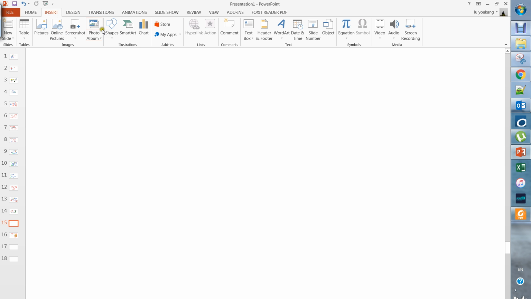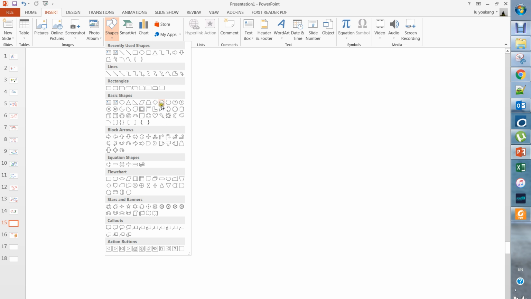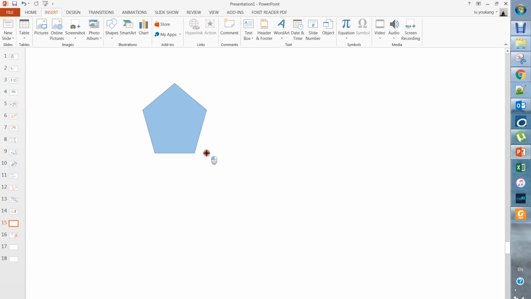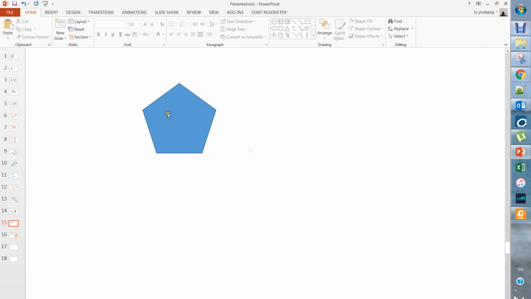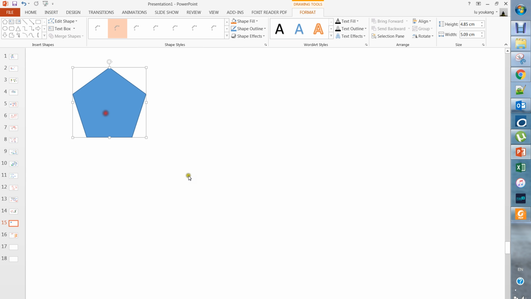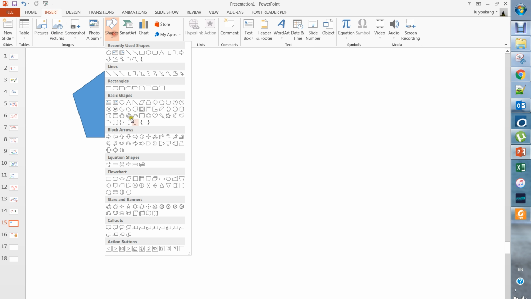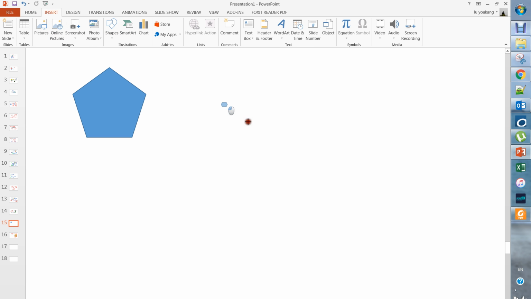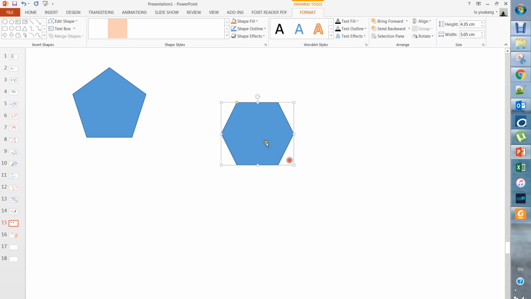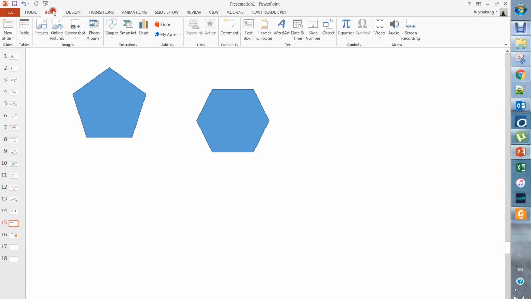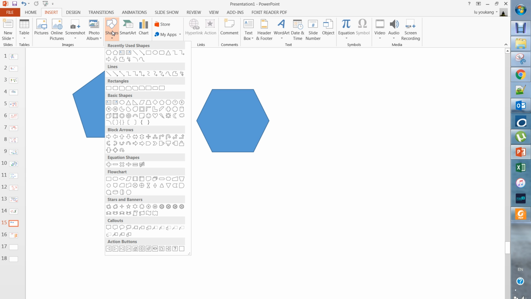Let me see if I can get any shape here. This is the regular shape. 1, 2, 3, 4, 5. This is a pentagon. 5-sided pentagon. This is the 6-sided, called hexagon. And then you also have the 7-sided. I think I run out of shapes here already.